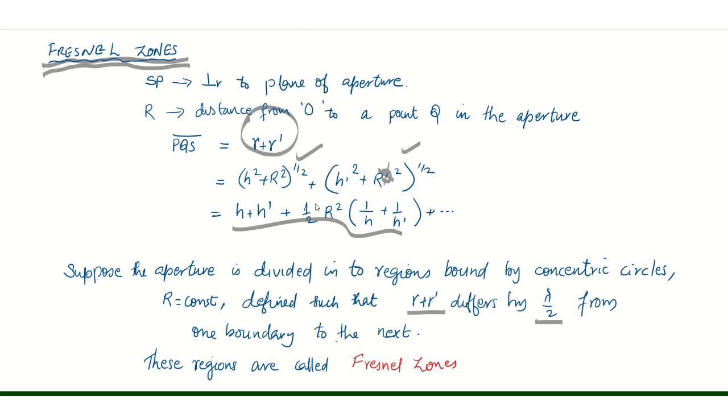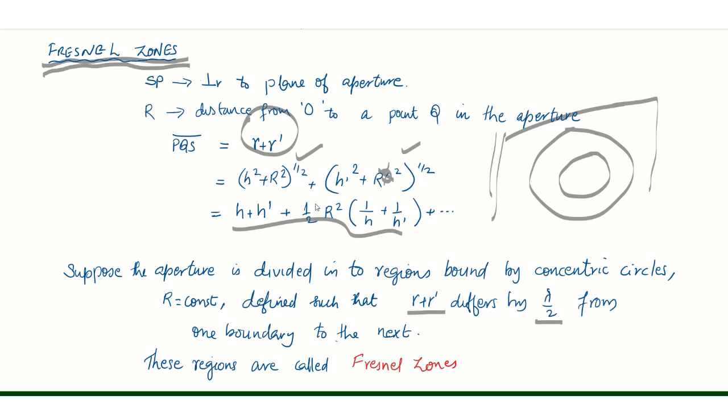Let's say we have this as one boundary and this as the other one on the aperture. Now this is your source point, this is your observation point, and let's say there are two lines.